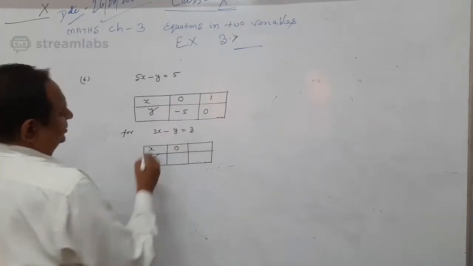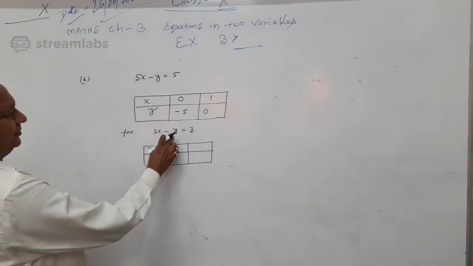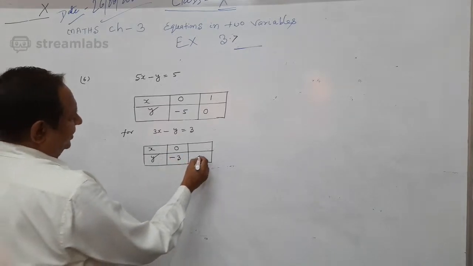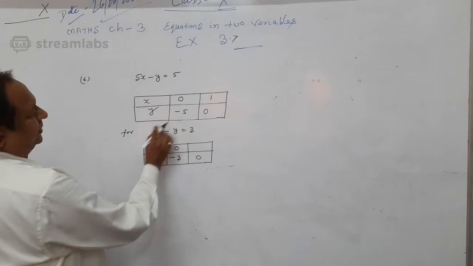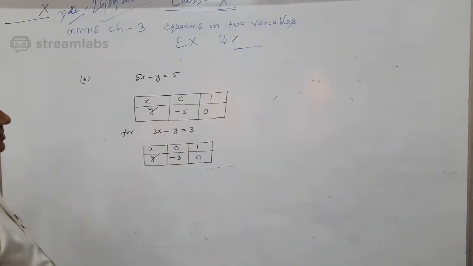Take x is equal to 0. The value of y will be minus 3. Now take y is equal to 0. The value of x will be 3 by 3, that is 1.